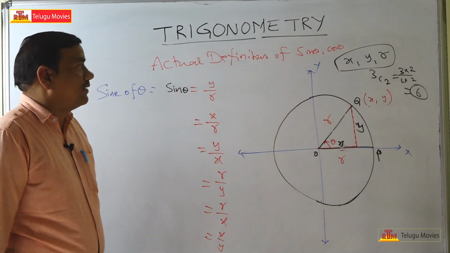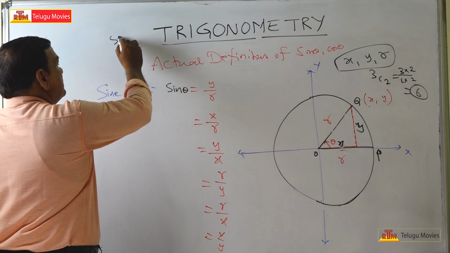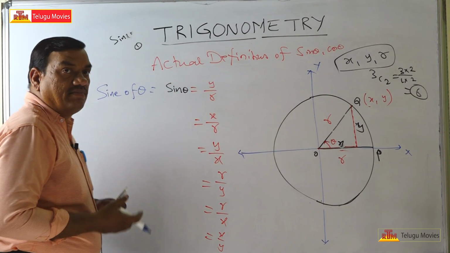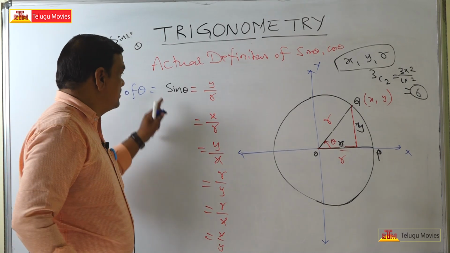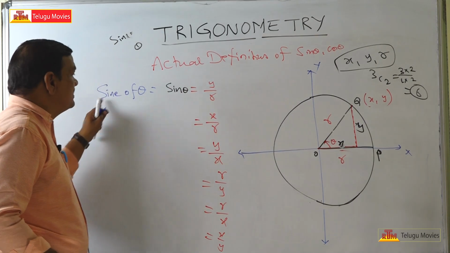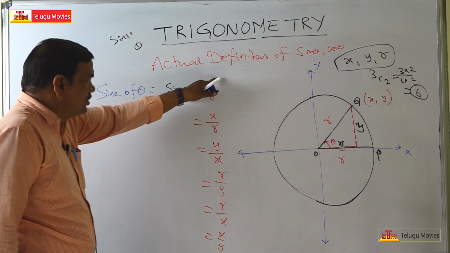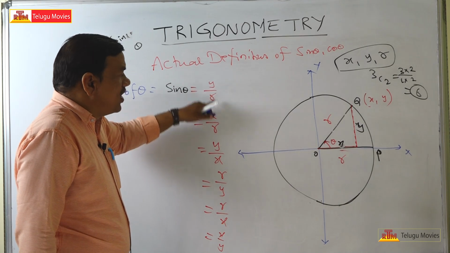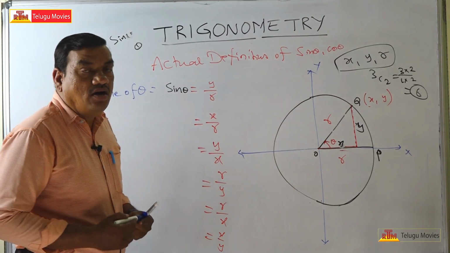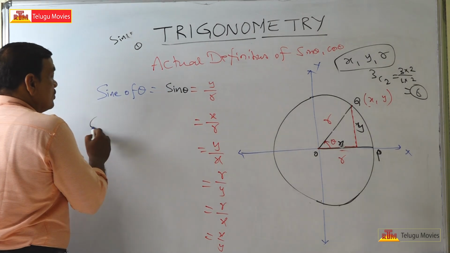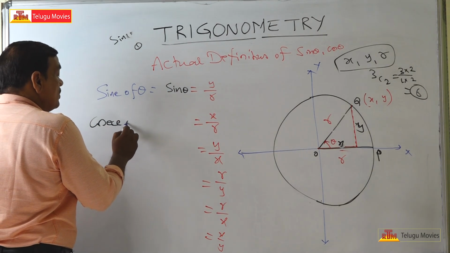It is meaningful when you write both together, sine theta. The ratio y by r is called sine theta. Like that, r by y is called cosecant of theta.